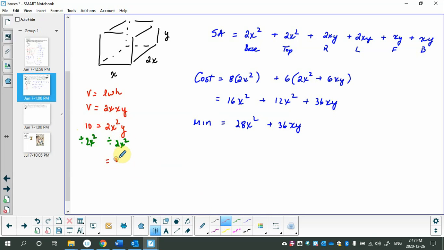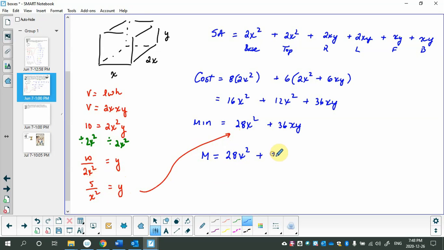So y left behind will be 10 over 2x squared, which is 5, and the x squared stays in the denominator. And now I can put this in here. And this is all before I'm taking the derivative. You have to take the derivative at some point because this is a maximum minimum question. So I'm just being super careful and writing down all my steps.